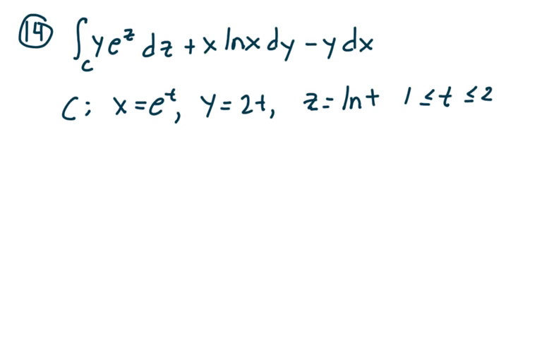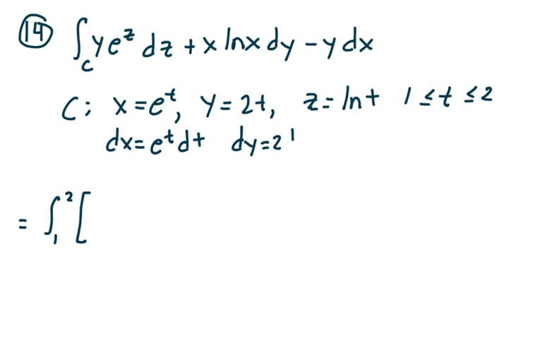Now, again, this is all substitution all the time. And so remember, t goes from 1 to 2. Now, dx is e to the t dt, okay? dy is 2 dt, and dz is equal to 1 over t dt. It's just like you do in Calc 1, okay? Now, y is 2t, so I'm going to put a 2t here.